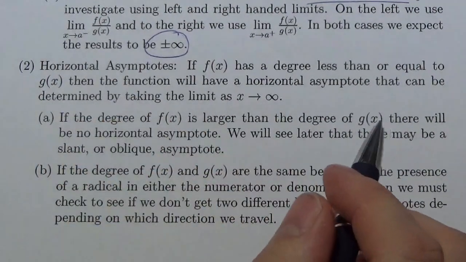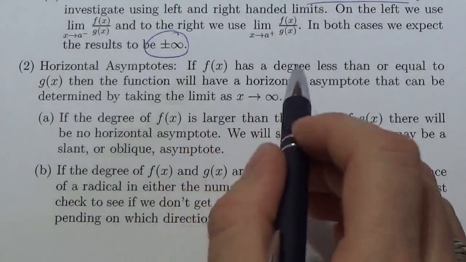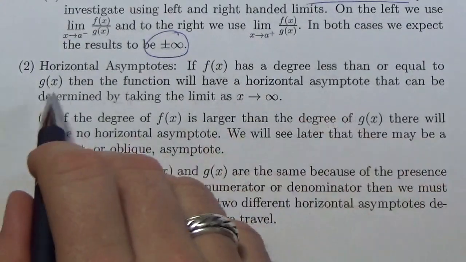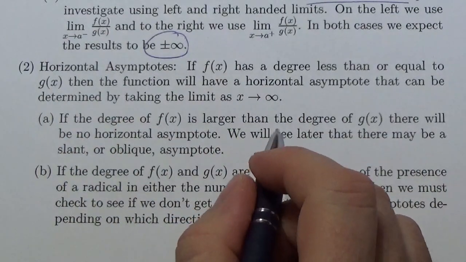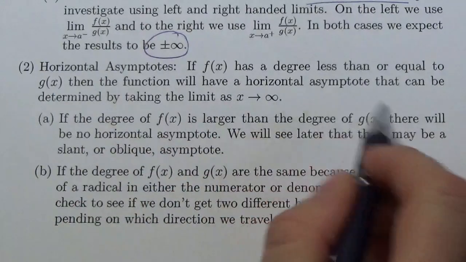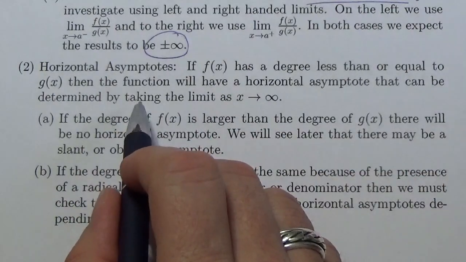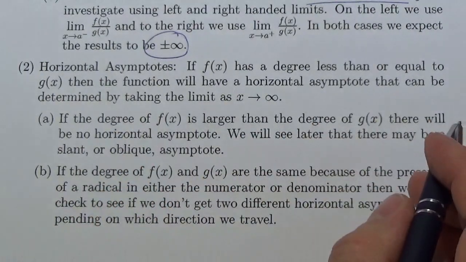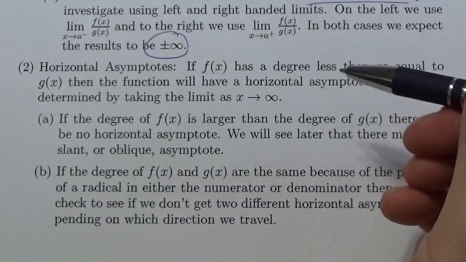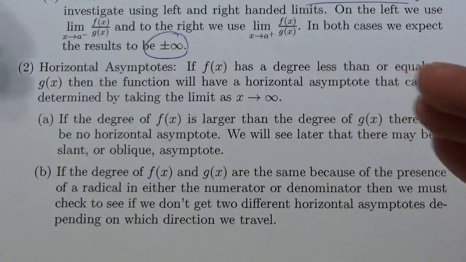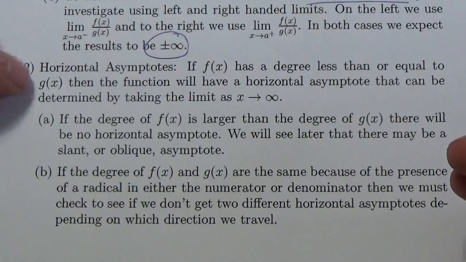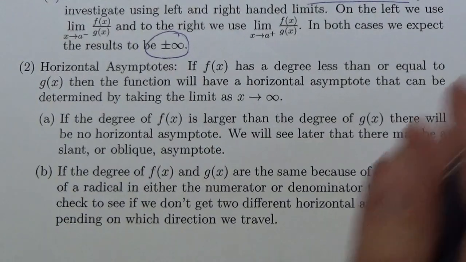With a horizontal asymptote, if f of x has a degree less than or equal to that of g of x, then the function will have a horizontal asymptote that can be determined by taking the limit as x approaches infinity. So essentially, if the numerator has a degree that's either less than or equal to the denominator, you're going to have a horizontal asymptote.